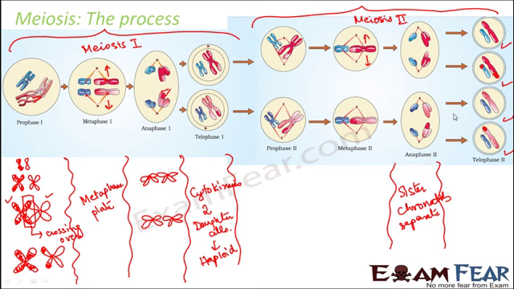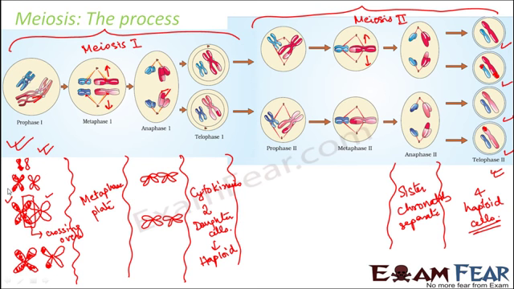As you see, the end result is that you started with 1 diploid cell and you ended up with 4 haploid cells. And the thing that makes meiosis very different from mitosis is the changes which take place during prophase 1, that is crossing over, recombination.